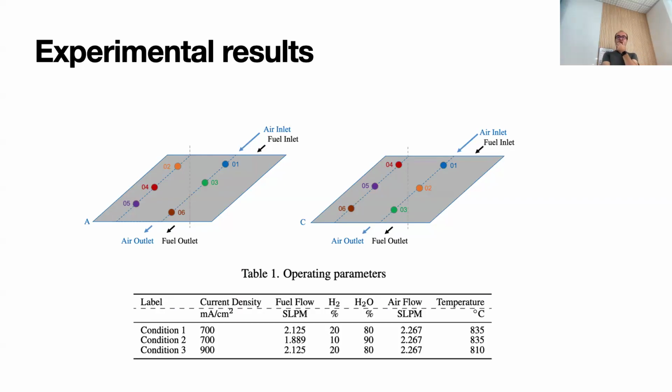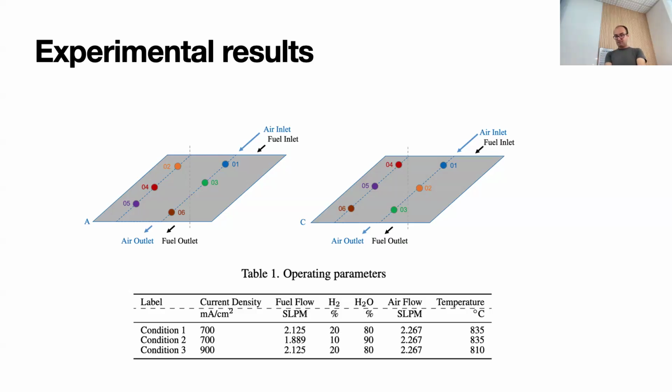We have a solid oxide fuel cell. We measure temperatures at these points here, and we have three operating conditions that are presented in the table below. Current densities were changing, fuel flow, the ratio of hydrogen and water, and the temperature was changing.